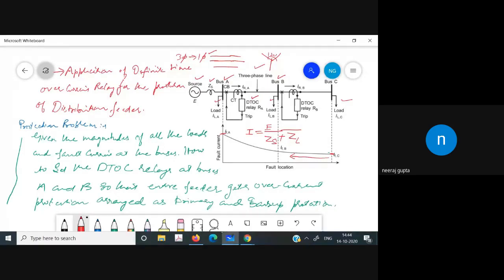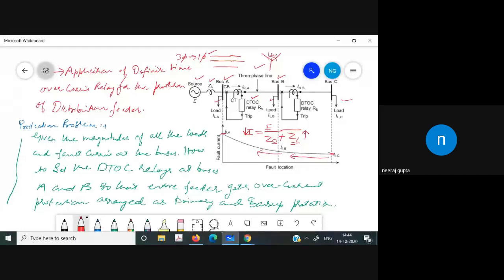At this particular point the impedance of the line is appreciable, so the current is less at this point. As we move towards the source, the impedance of the line is reduced, and as a result the current increases.